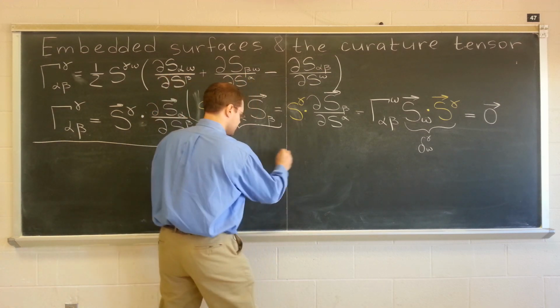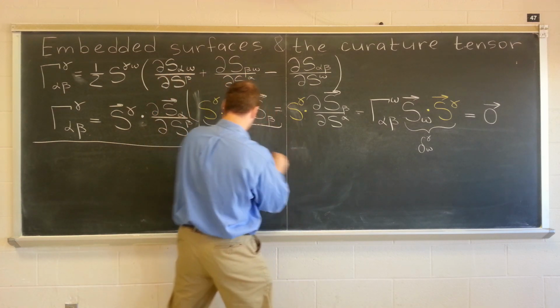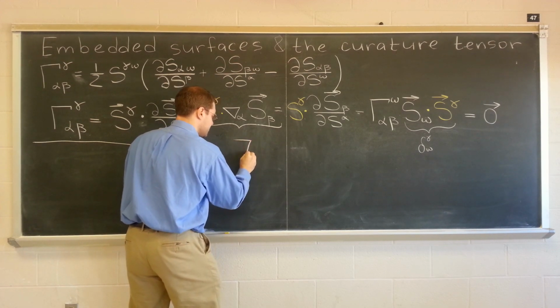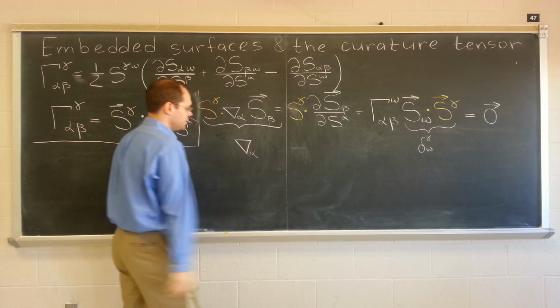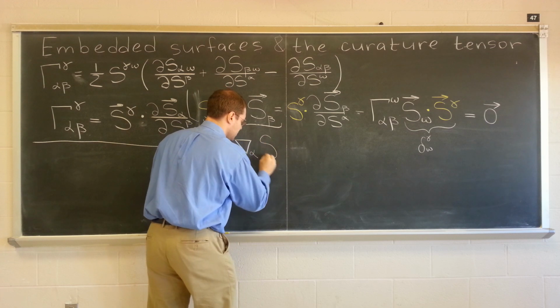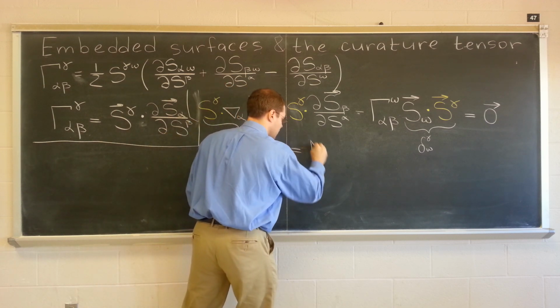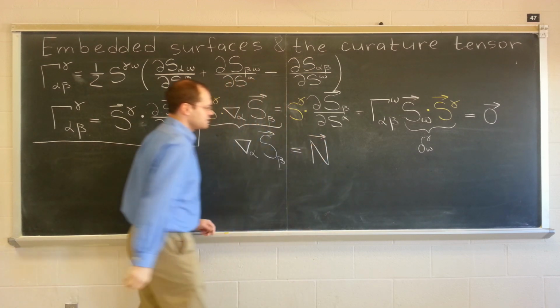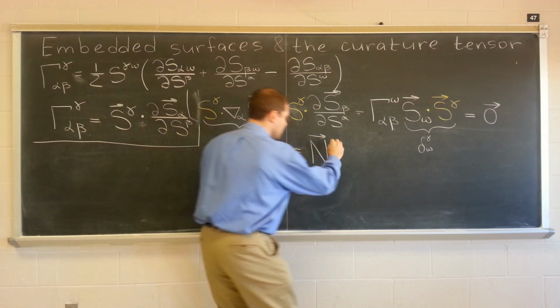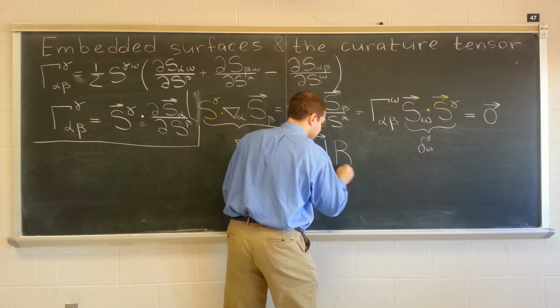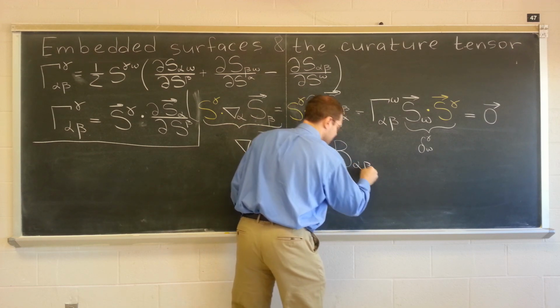So here is, let's write down this observation, that the covariant derivative of the covariant basis, each of those 4 vectors is proportional to the normal with some coefficient of proportionality, B alpha beta.